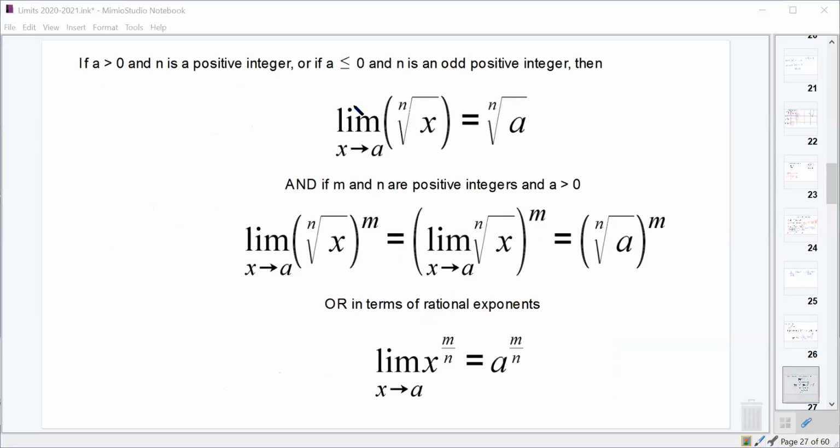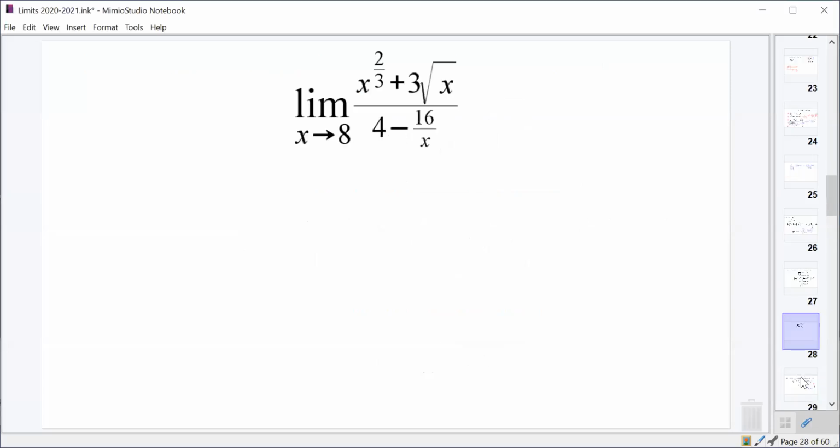And so I'm not going to really pause on this too long. Just know that you can pull those roots and those powers out. If you want to read through this again later, I'll have it all posted up. But what I'd really like to get to after we do this really basic problem that I should have just deleted from this slideshow is the really important theorem. So first, evaluate that limit.